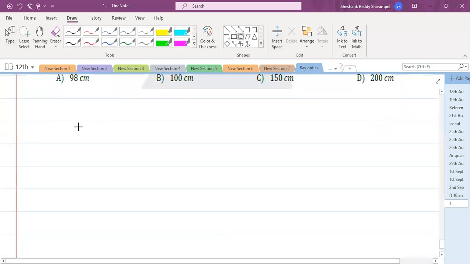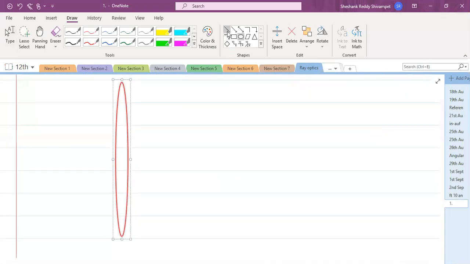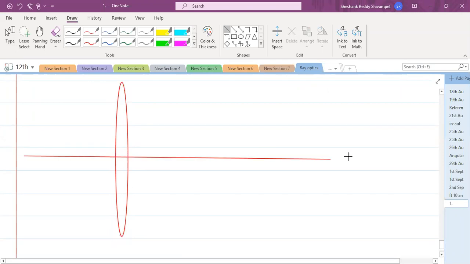Let me show that to you. So you have a convex lens at the beginning. Then we take a principal axis.